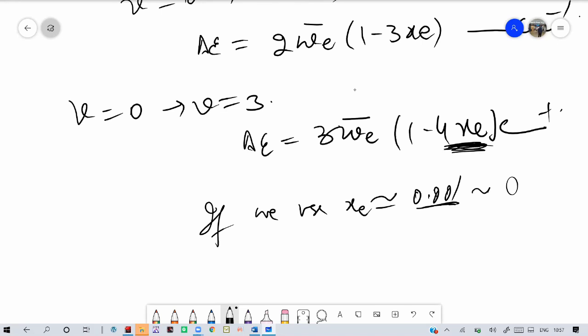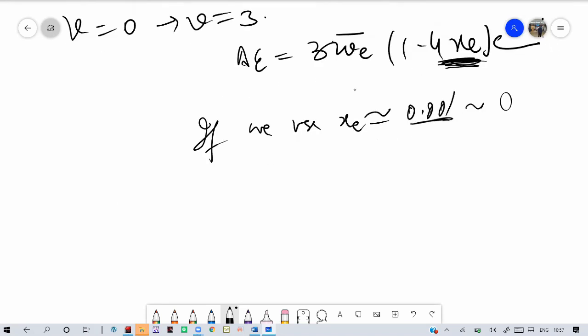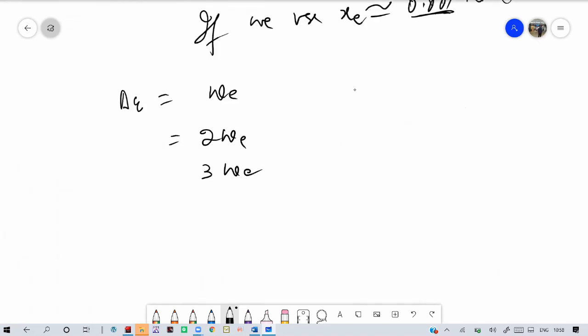Then delta E is equal to, first, omega e, second, 2 omega e, third, 3 omega e, and the next one will be 4 omega e. So these are the multiples of omega e.